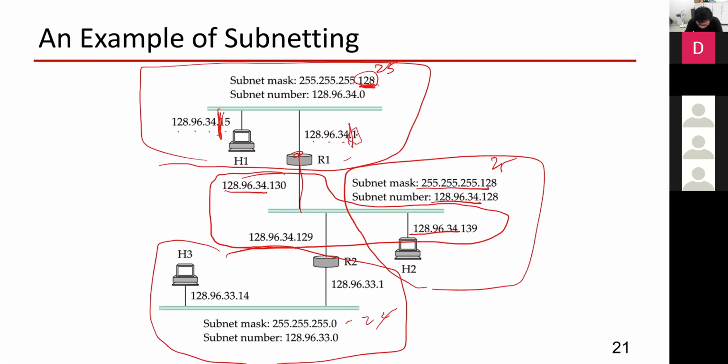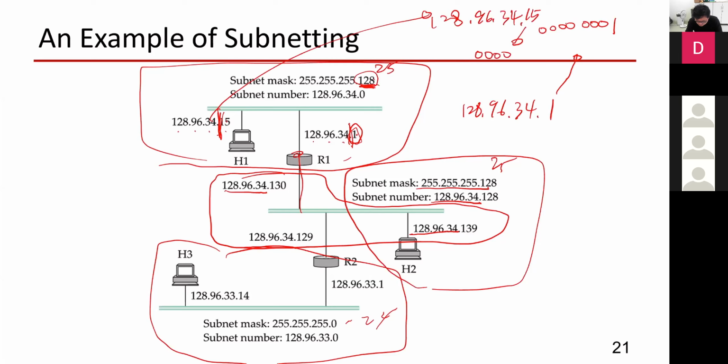Let me talk about what the 1 is. If you look at 128.96.34.1, the last byte is 0000 0001. For 128.96.34.15, 15 is 0000 1111, with bits worth 1, 2, 4, 8.